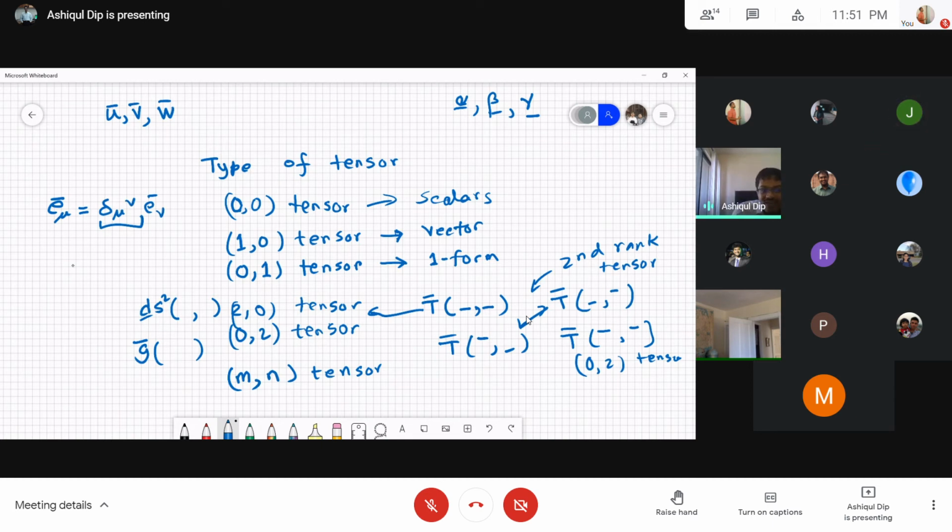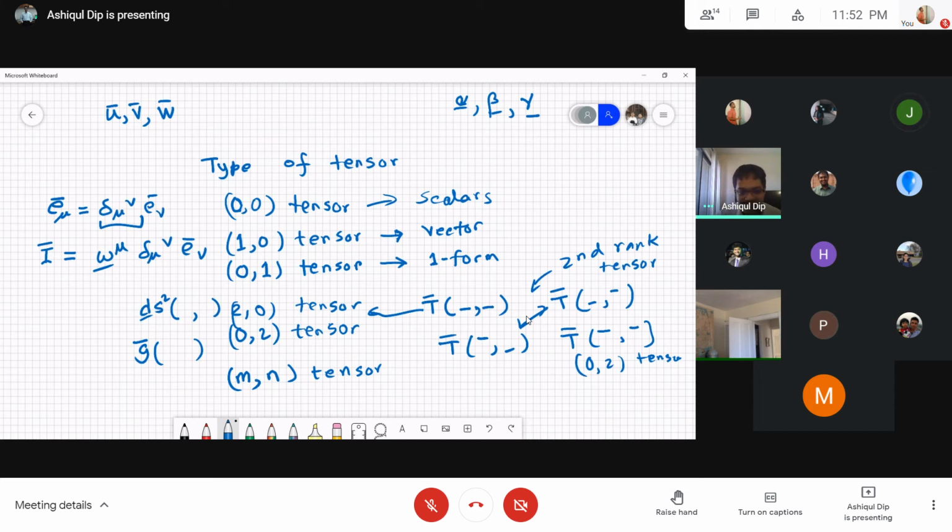Say you have an identity matrix or identity tensor that is omega mu, Kronecker delta mu nu, e nu. So it's a second rank tensor. So it depends on how you want to use your Kronecker delta.